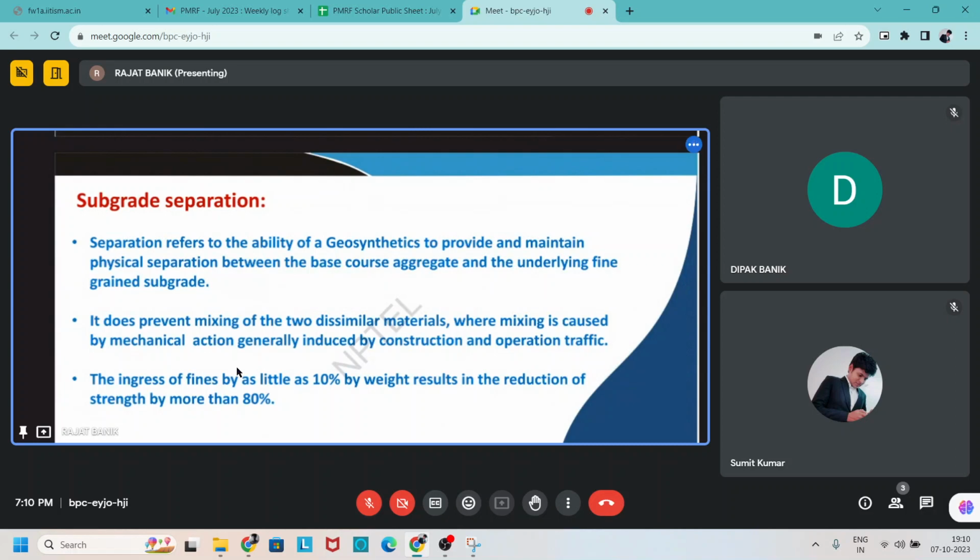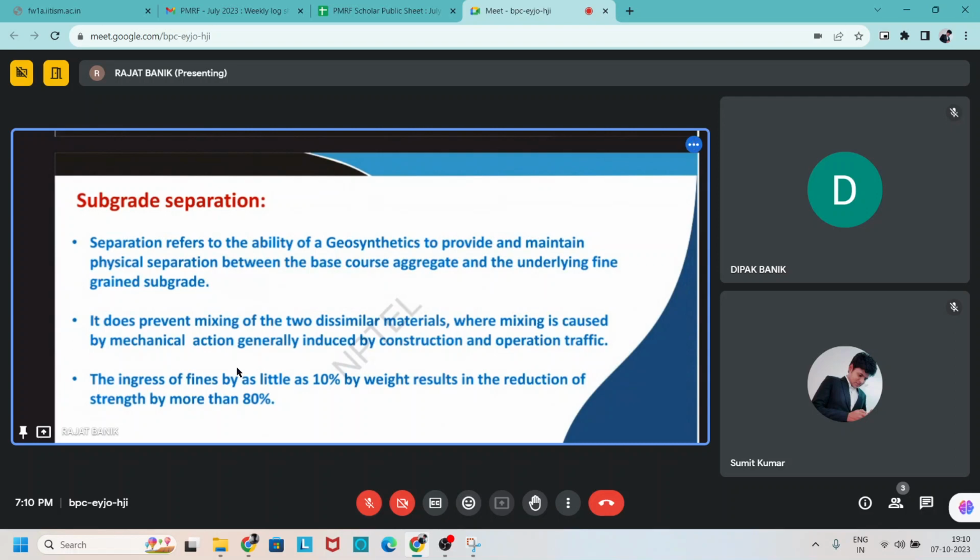It does prevent mixing of two dissimilar materials, where mixing is caused by mechanical action generally induced by construction and operation traffic. The ingress of fines by as little as 10% by weight results in a reduction of the strength by more than 80%.